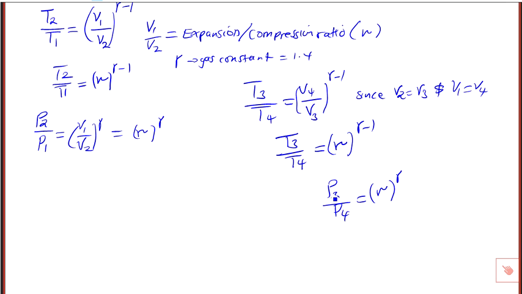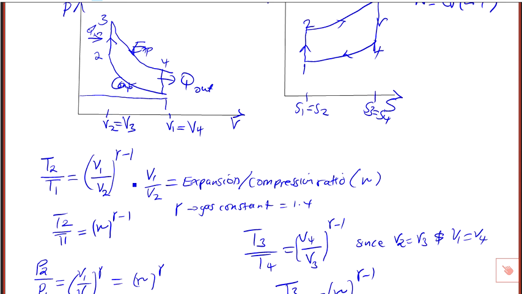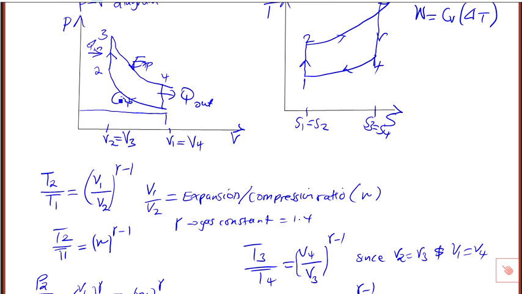Correct. Now this is what we have, and of course you'll find that the heat addition process, that is Q in, is usually given by the formula heat capacity at constant volume into the change in temperature. Heat is added through the process 2 to 3. From 2 to 3 is where we have the heat addition process.